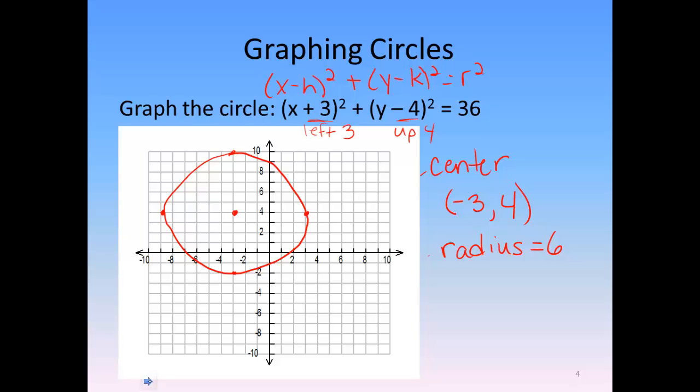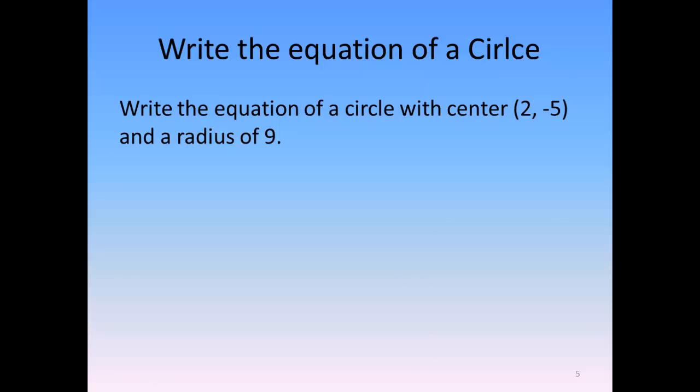The second thing you're going to be responsible for doing is reversing it. If I give you the center and the radius, can you write the equation of the circle? Again, we start with our form, (x minus h) squared plus (y minus k) squared equals r squared.